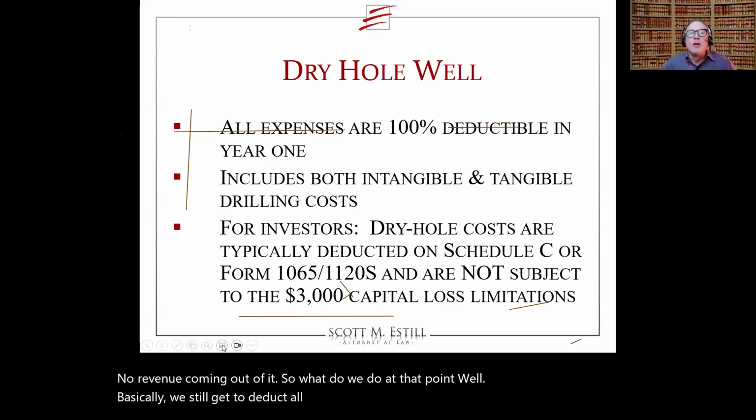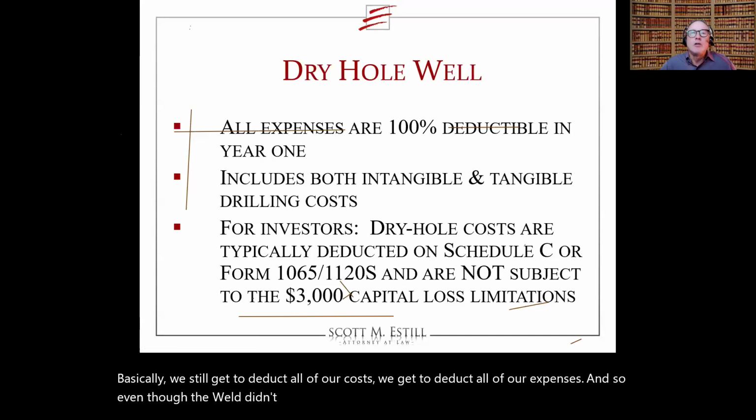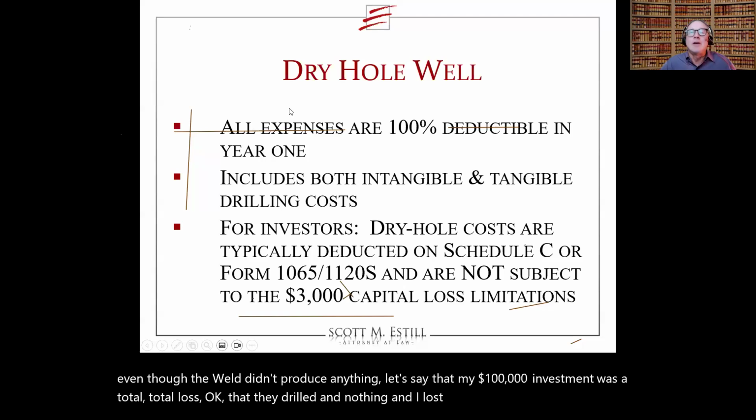We get to deduct all of our expenses. And so even though the well didn't produce anything, let's say that my $100,000 investment was a total loss. Okay, they drilled and nothing, and I lost everything there. I can deduct this entire investment in year one.